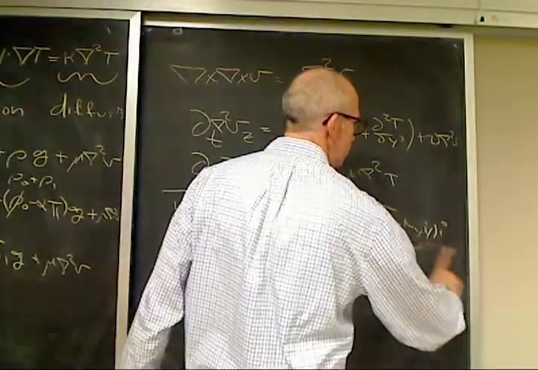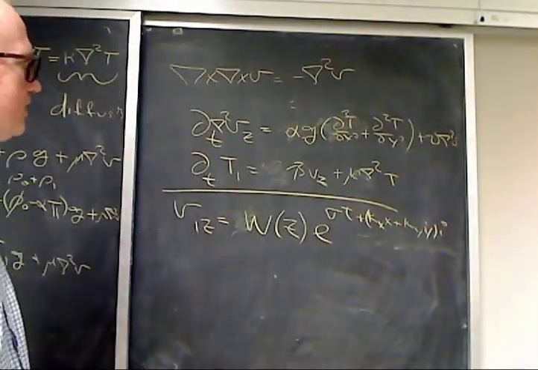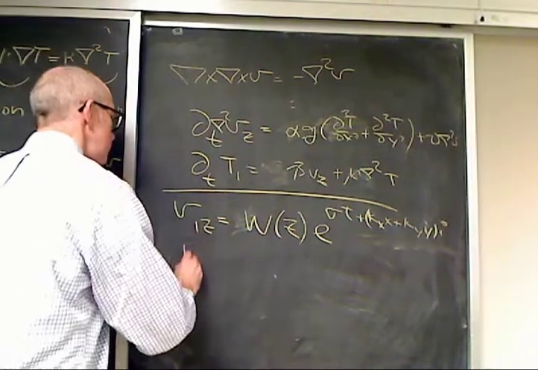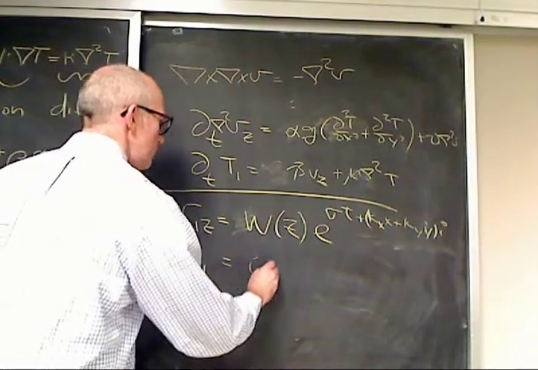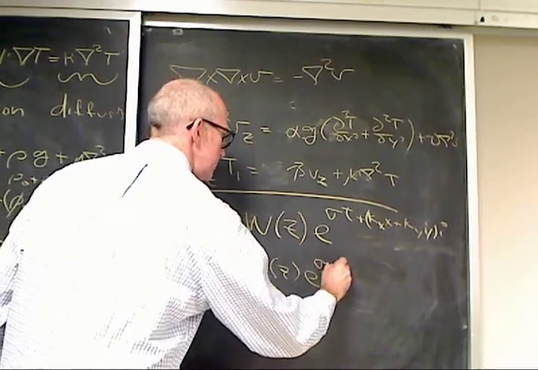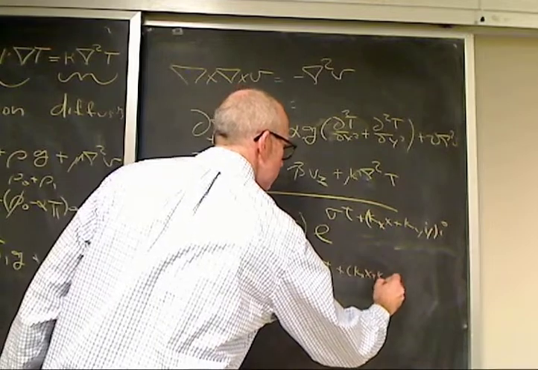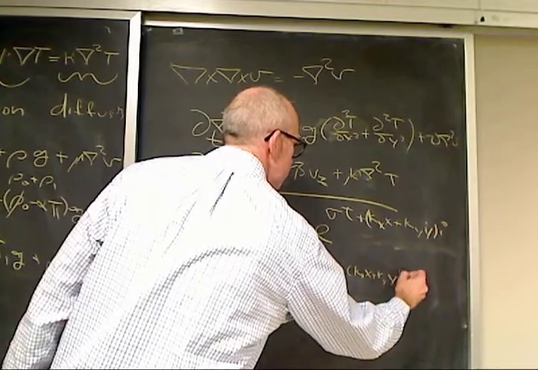When you have a boundary you can't quite do that. So we make an assumption that Vz is going to have this form, and then the temperature is going to have another form, theta of z, times again e to the sigma t plus i(kx x plus ky y).